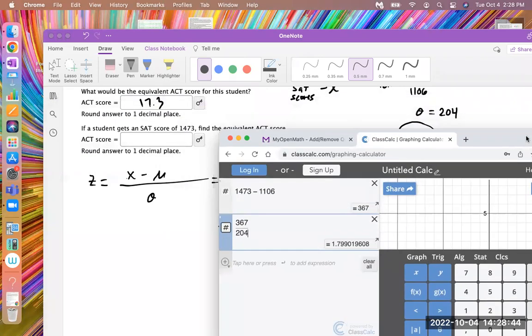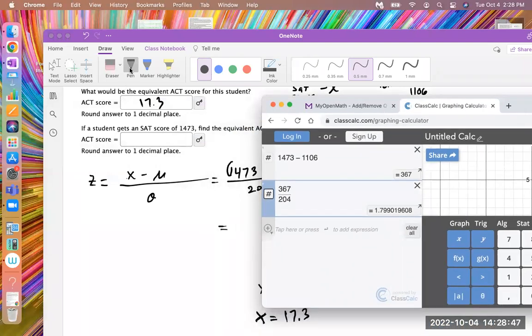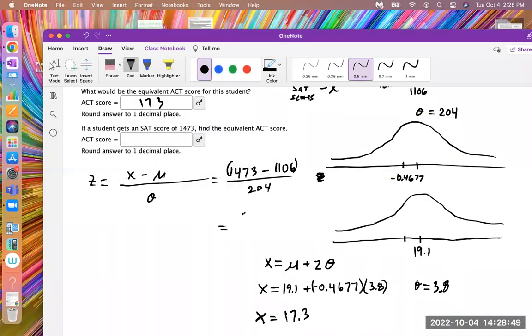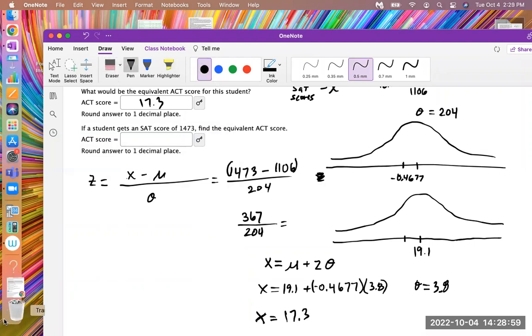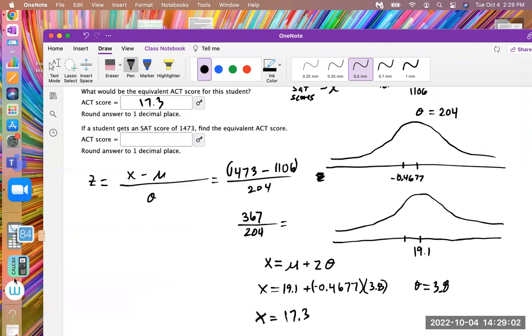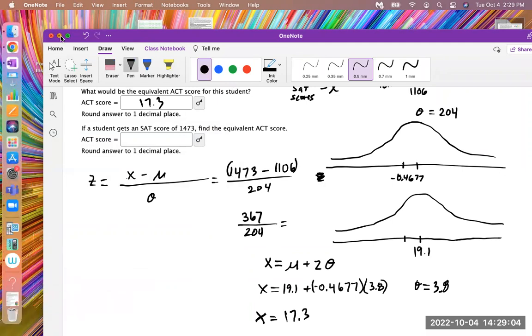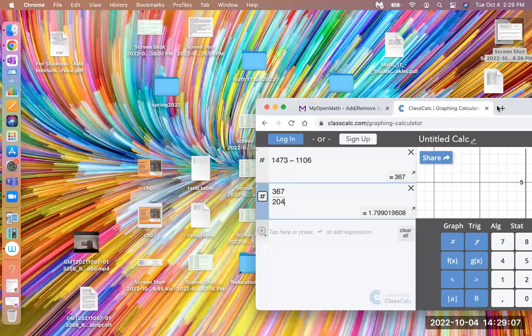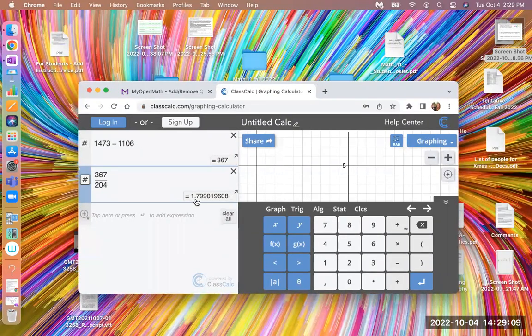There's my z-score that I'm looking for. 367 was from the numerator there, and then divide by 204, and that gives us 1.7990102.